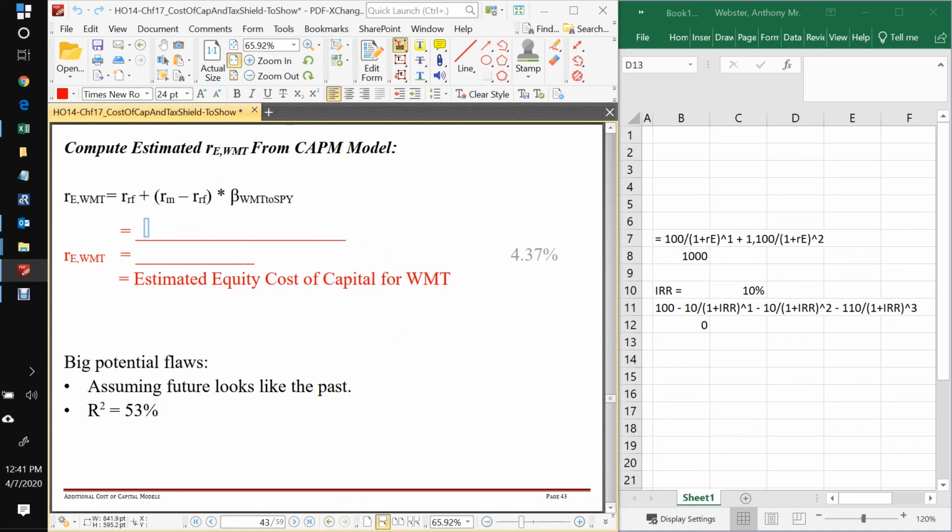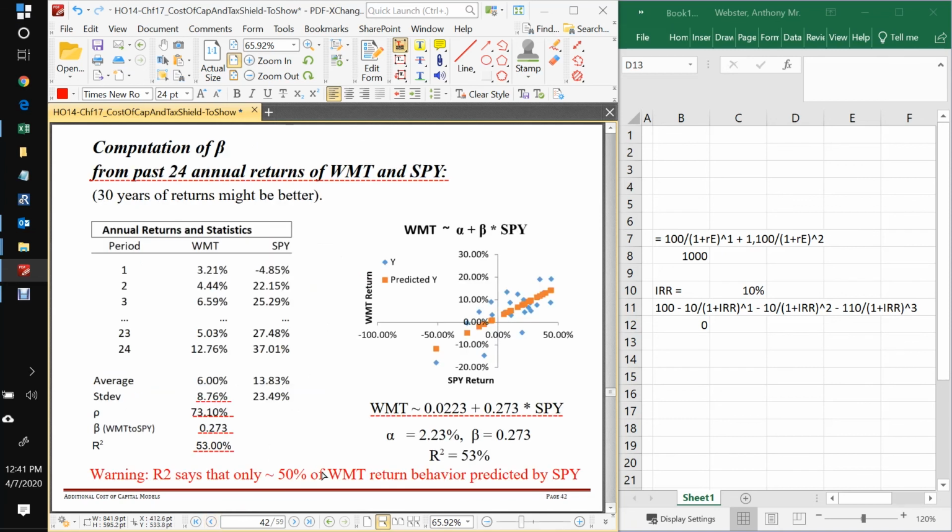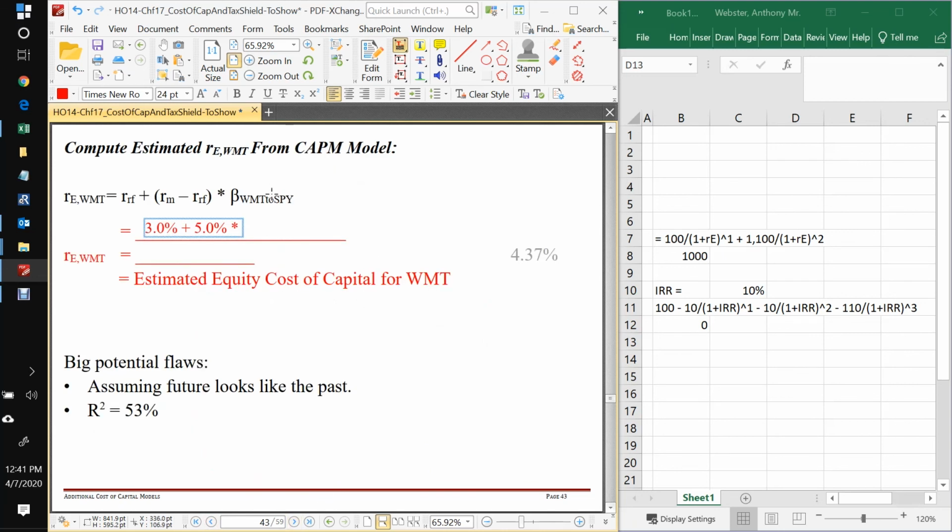Okay, so we have our RRF was 3.0%, plus we had, I took that 5.0%, which is probably dodgy, but nonetheless, that's what I chose. And our beta, I don't remember, it was 0.2 something, 0.273. Okay, so times 0.273. And if you work that out, you should confirm this, that you get 4.37%.